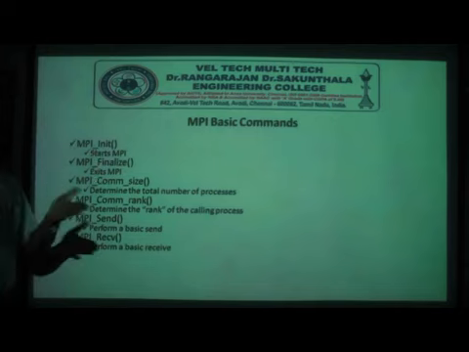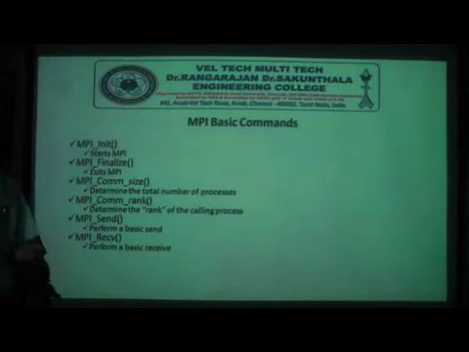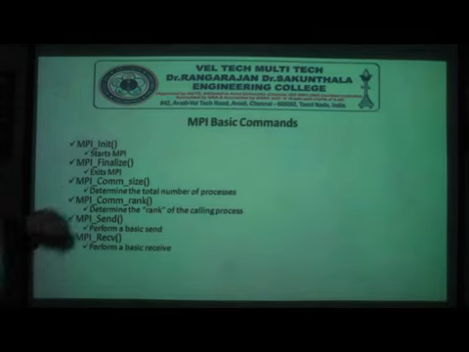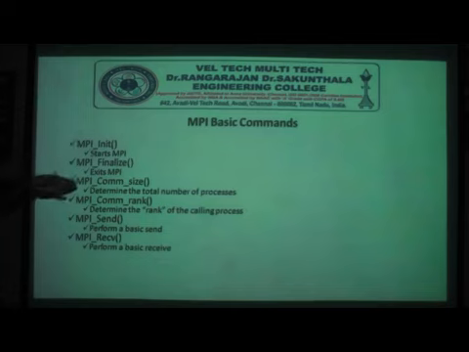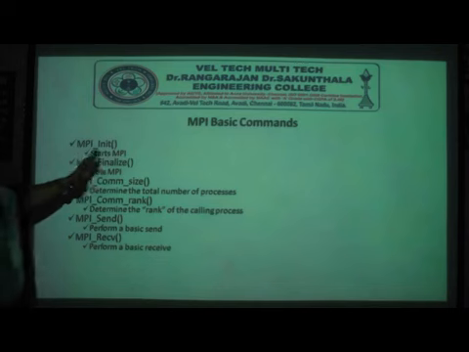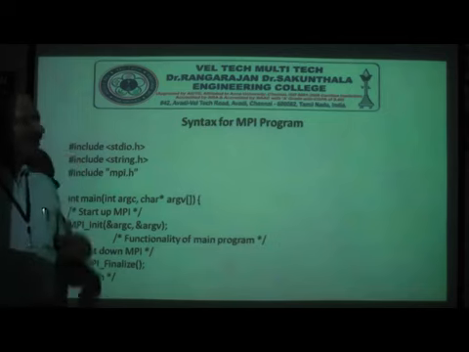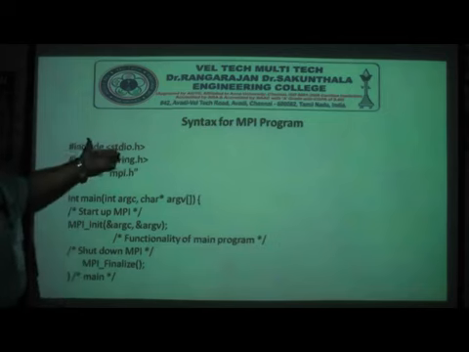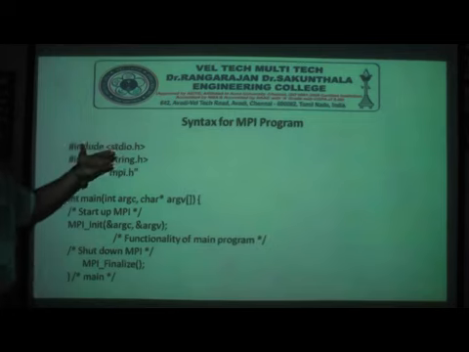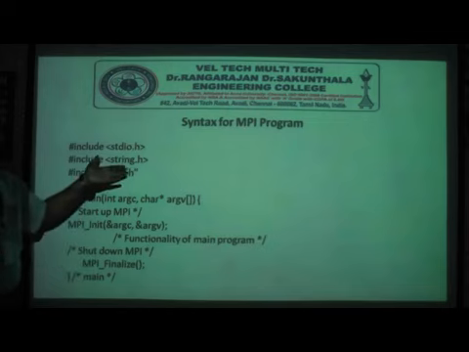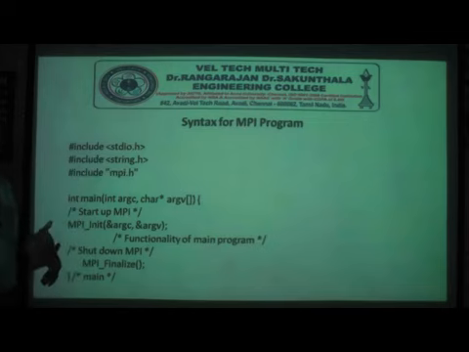We can extend it with high level languages, either C, C++ or other languages. Finalize we can use to end the program. So these are the basic syntax for an MPI program. Already all of you know how to use the C program. In the C program we can include header files: stdio.h, and if you want to use strings, string.h, and if you want mathematical functions, math.h.